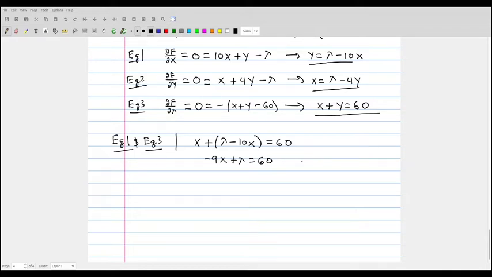Or, if we solve this equation for x, x is equal to lambda minus 60 over 9. We've eliminated y, so we'll call this our equation 1 star.